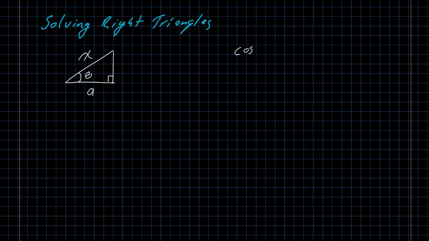Well, if cosine is adjacent over hypotenuse, and secant is the reciprocal, then secant would be hypotenuse over adjacent.